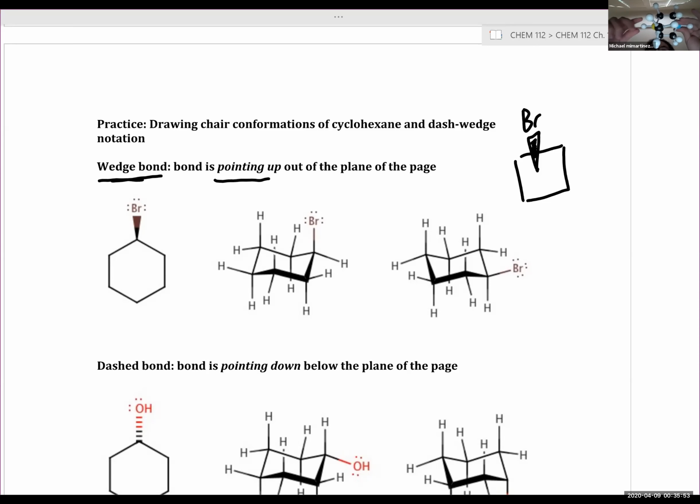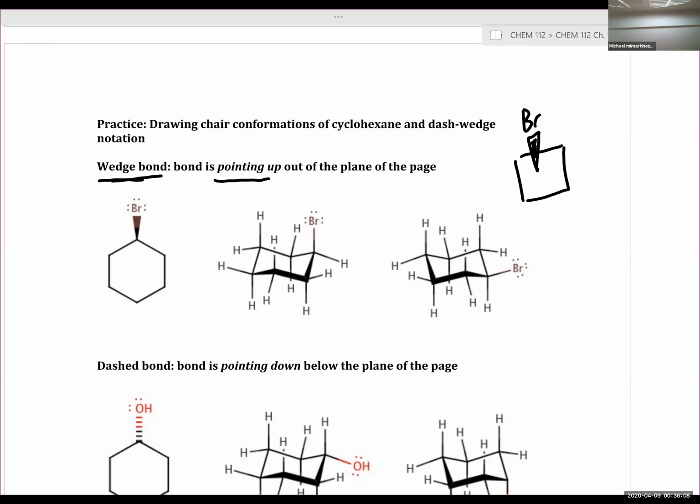Does everyone notice how from this view, the methyl group is closer to you? The methyl group is pointing out towards you. So that's what the wedge notation is saying. This group is pointing out of the page.